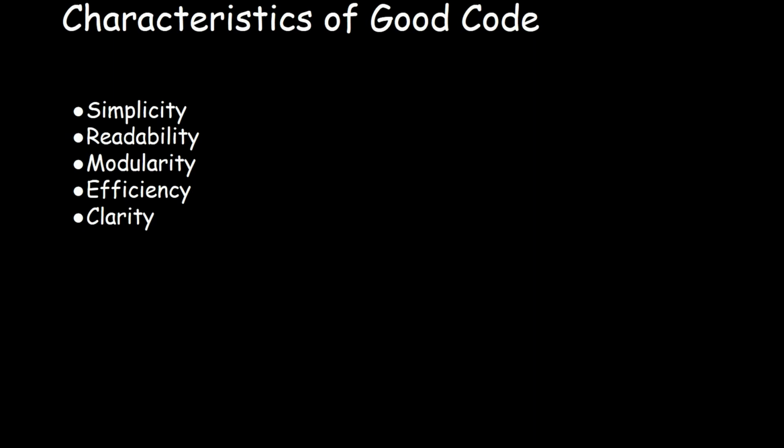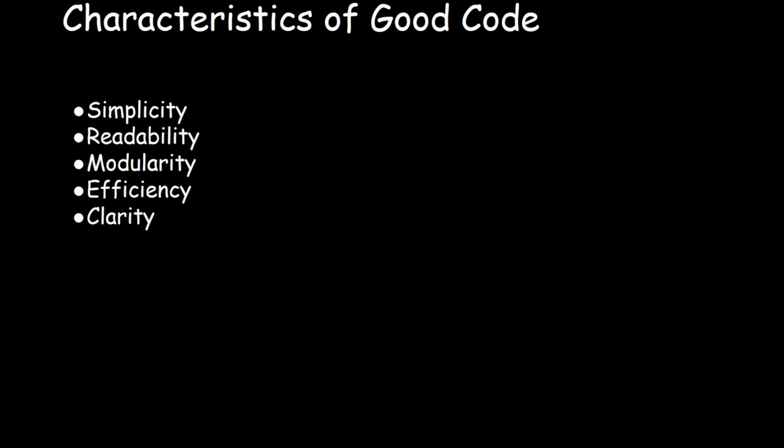Modularity, that means it's not containing so many things in a single place, different types of code in different places, different classes, different methods. You're not writing different tasks in a single method. This is modularity. Efficiency, that means you are not writing so many variables, so many constants, so many methods, just writing optimized code is the efficiency.